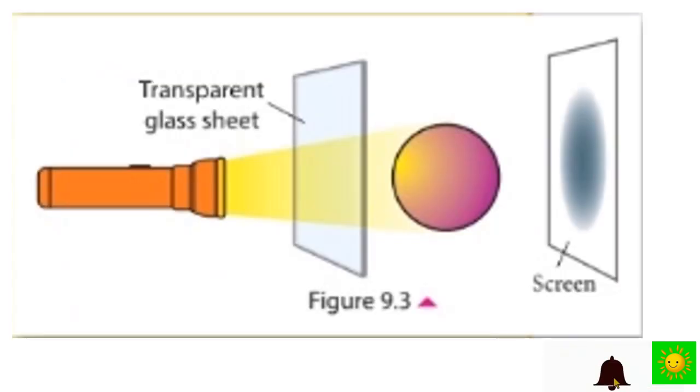Place the lighted electric torch, the transparent glass sheet and the ball as shown in the figure and obtain the umbra of the ball on a screen. Observe the nature of the umbra. Then place the transparent glass sheet with the translucent glass sheet and observe the umbra formed. Finally, replace the translucent glass sheet with the cardboard sheet and see whether an umbra can be obtained.